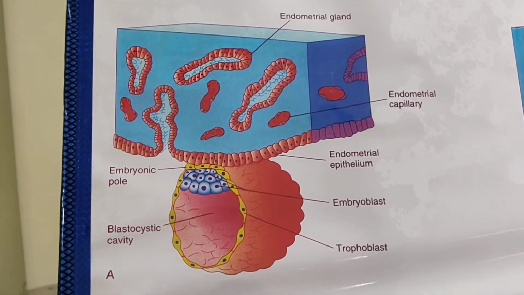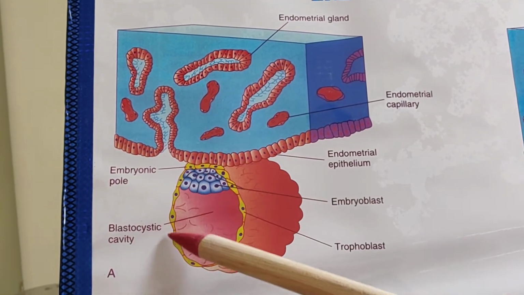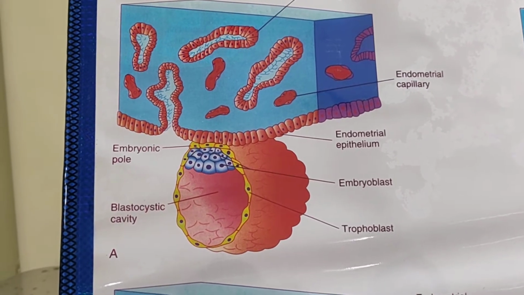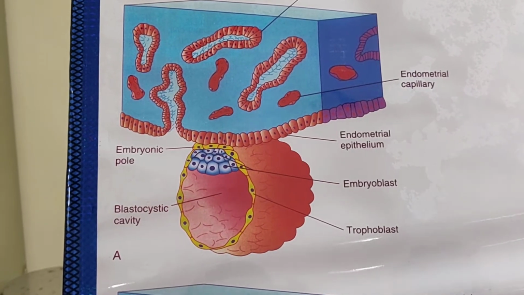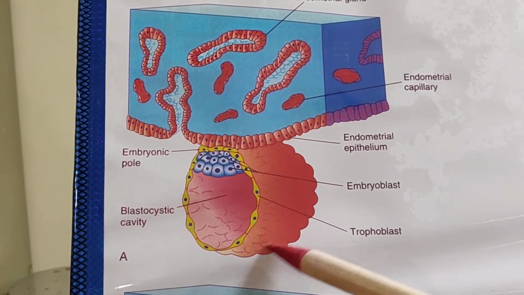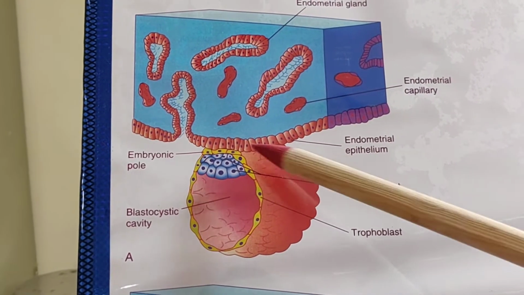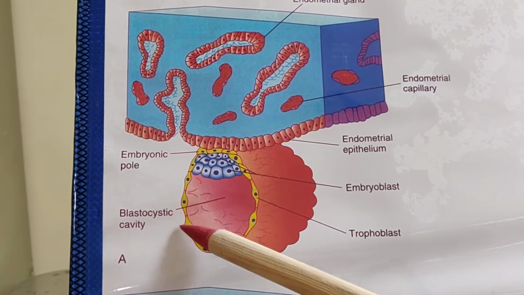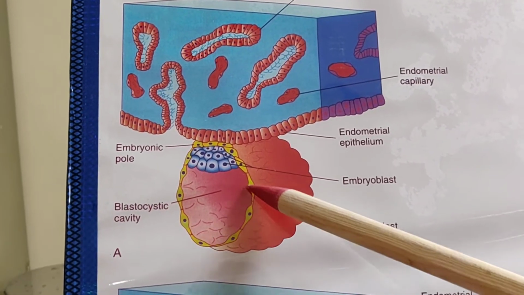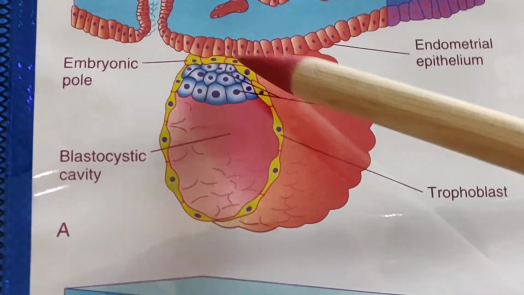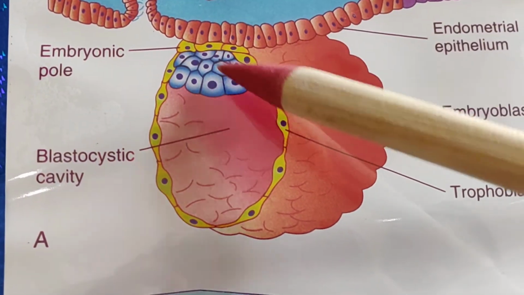Clear? Now this part is the embryoblast, the blastocyst. Now the blastocyst has the trophoblast. The yellow layer is the flattened trophoblast, and the blue mass is the inner cell mass.